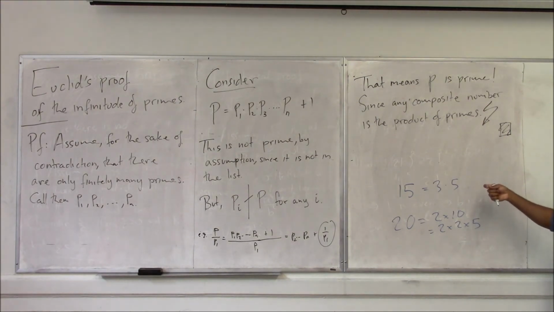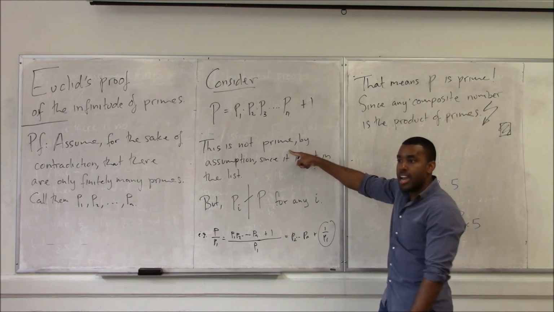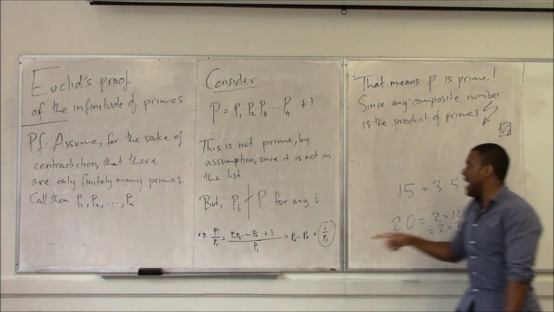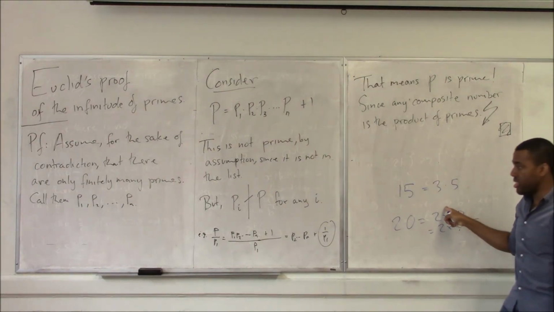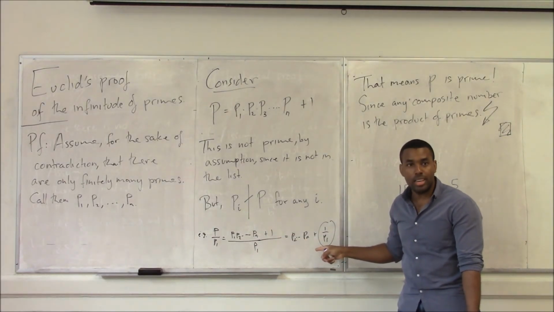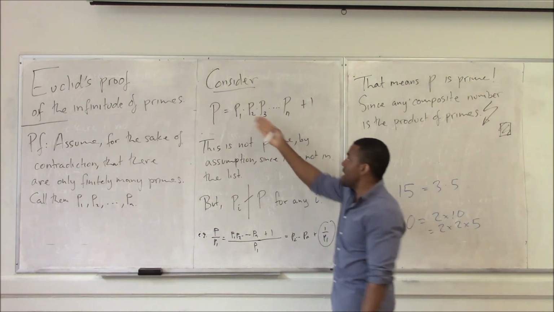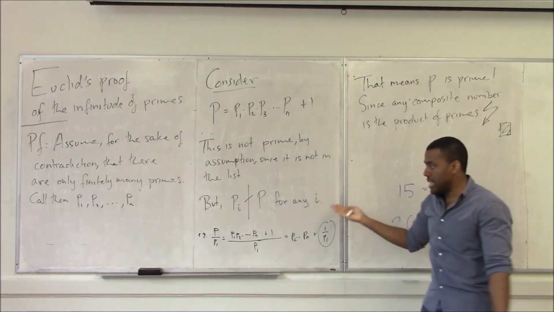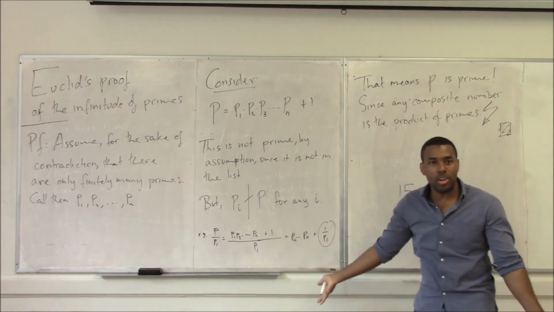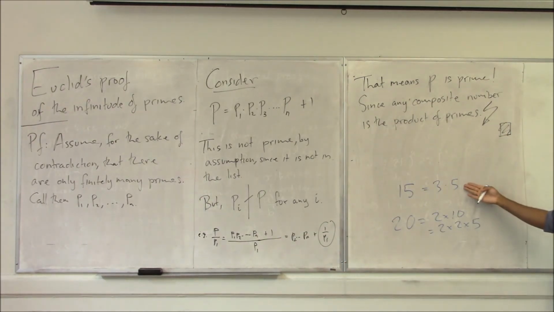Which means this number, if I assume it's not prime, I know by the fundamental theorem of arithmetic that I can factor it into primes. But the thing is, it's not divisible by any of the primes that I thought existed, which means it can't be factored into primes. I can't write it as a multiplication of primes, because that would mean I'd be able to divide by one of them. The fact that I can factor 15 into 3 times 5 means it's divisible by the 3 and by the 5.